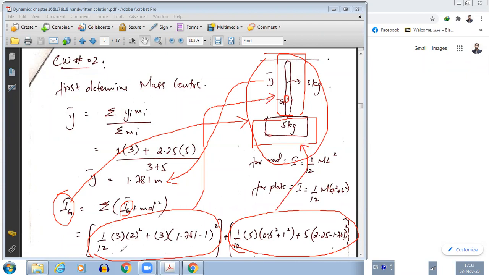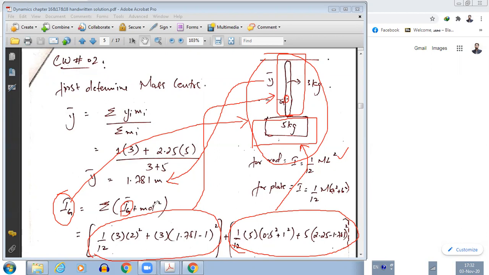This IG bar will be for the cylinder rod. For a rod, I is equal to 1 by 12 ML square. This formula will be provided to you in the exam. So you'll have 1 by 12 M L square, plus M, the mass, into d.